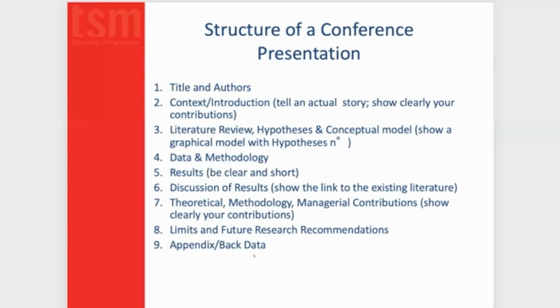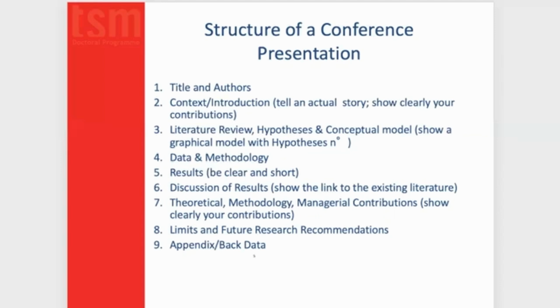You could also put there some backdata about literature, because as I said, your literature review should be quite rough, quite short. So if you're not really familiar, if you're struggling a bit with the definitions, then it can help you to answer. In order to avoid that you cannot answer, you can show the slide with a precise definition you can give for a given concept. The appendix or backdata is there to support you when questions come from the public.